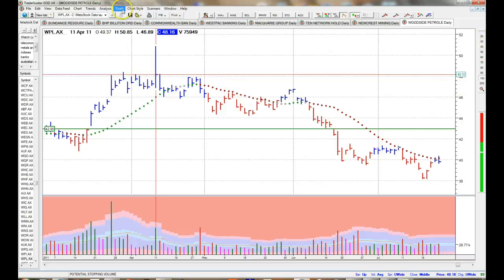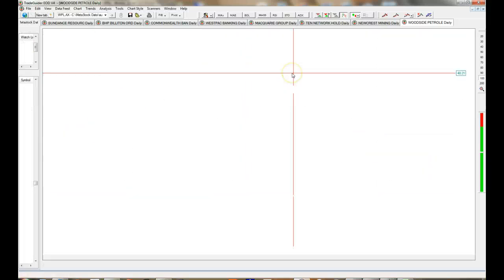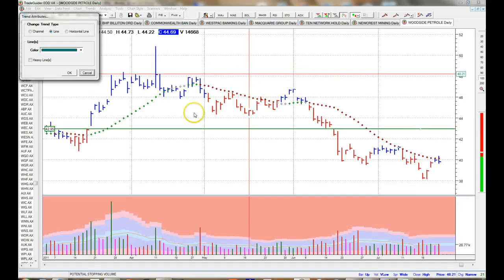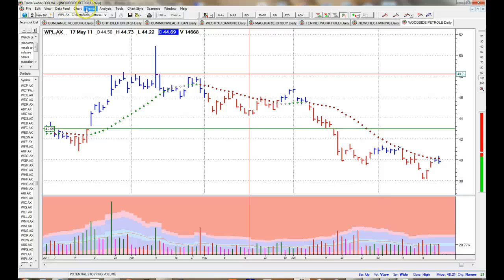But anyway, we can have a look at what's happened very recently. I might see what sort of trend line we've got. Do we get a channel there? Not quite. That's probably not a good one. Maybe.